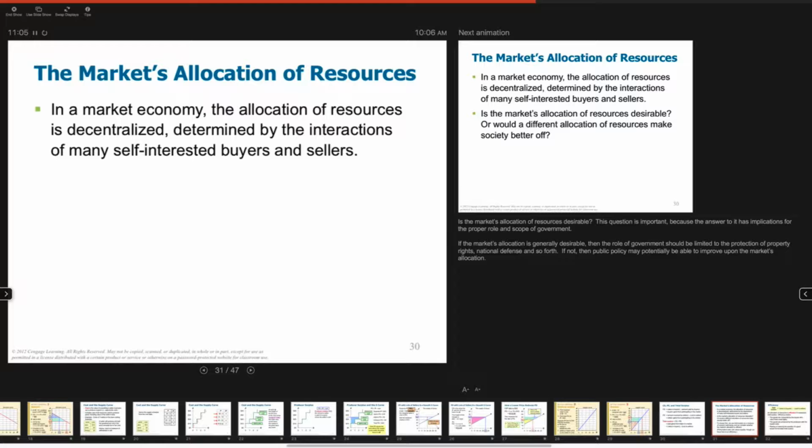Little theory here. Read it, and then I'll interpret for you. Essentially what this is saying is every buyer and every seller make their own independent decisions. And all blocked together, all of those independent decisions create the market.